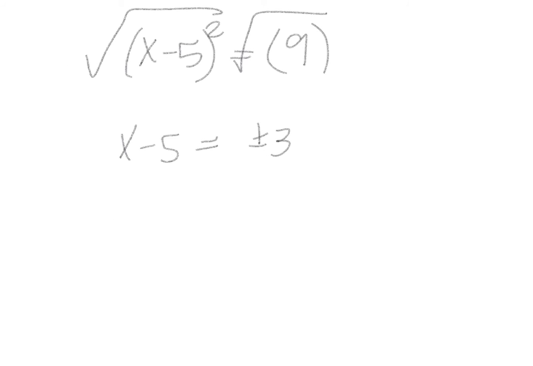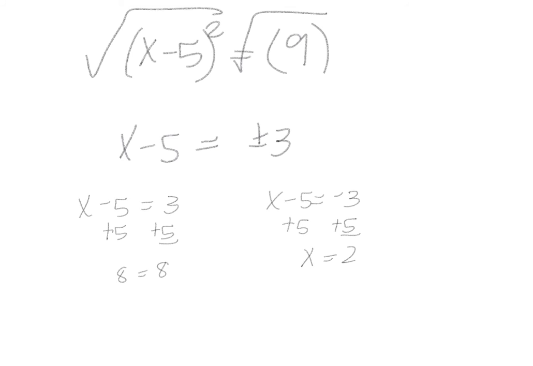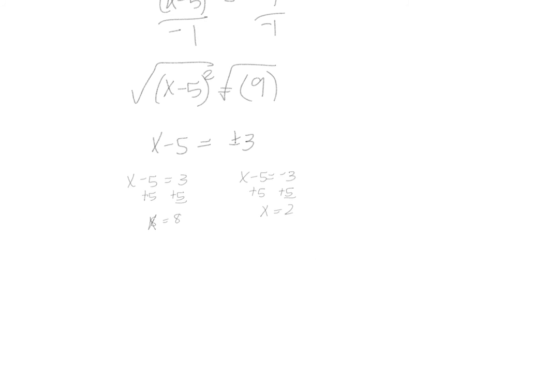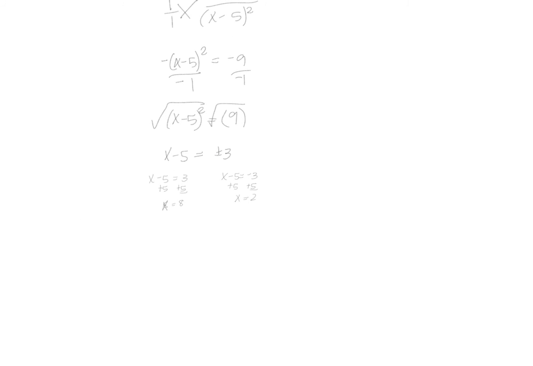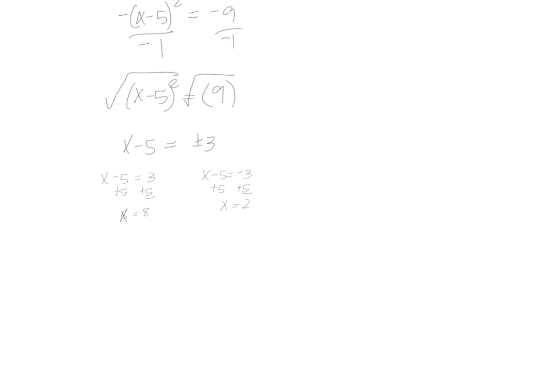Okay, so what you want to do is set the two different equations up. x minus 5 equals 3 and x minus 5 equals -3. And just solve those really quickly. Get 8 equals x, and 2 equals x. So the slope of the tangent line is equal to -1 at two different x values, at 8 and at 2.